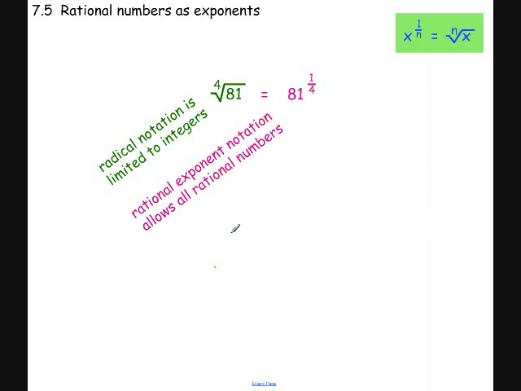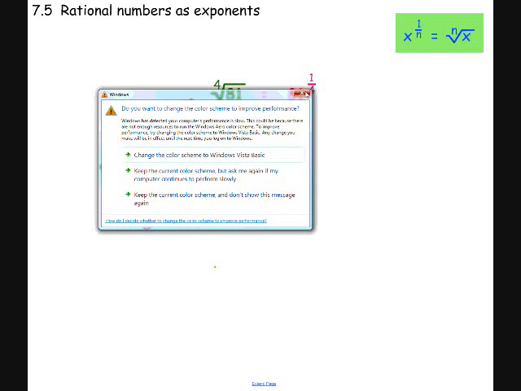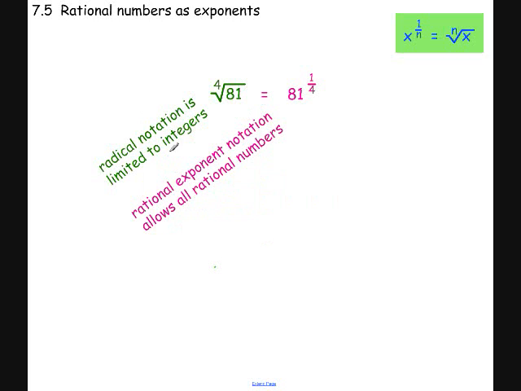This is just an example. We've got radical notation, looks like this. And the limitation of that is integers. We can only use integers. A 4, a 2, a 3. With rational exponents, you can have any rational number.